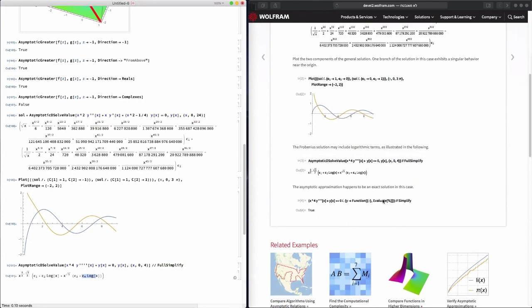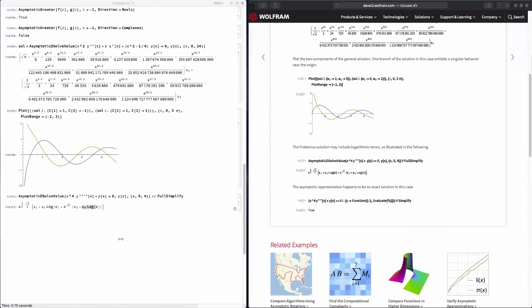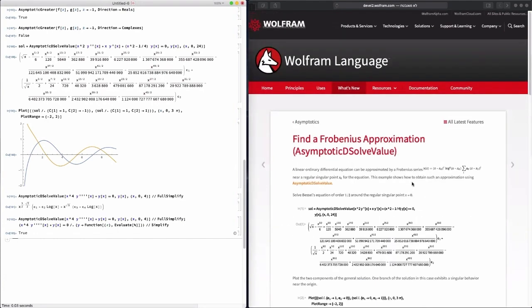But one of the neat things about this particular example is that in this case, the asymptotic solution turns out to be the exact solution. So by just doing a series solution, we ended up getting the exact answer. So that's kind of nice. Obviously not a usual occurrence, but it's nice when it happens.